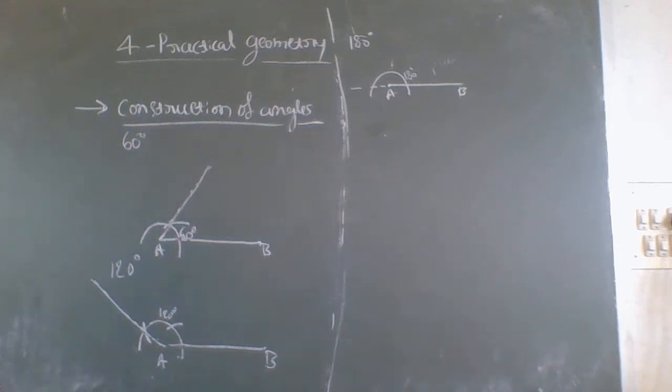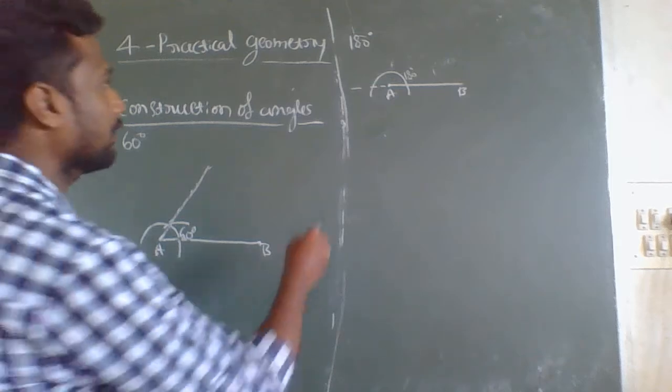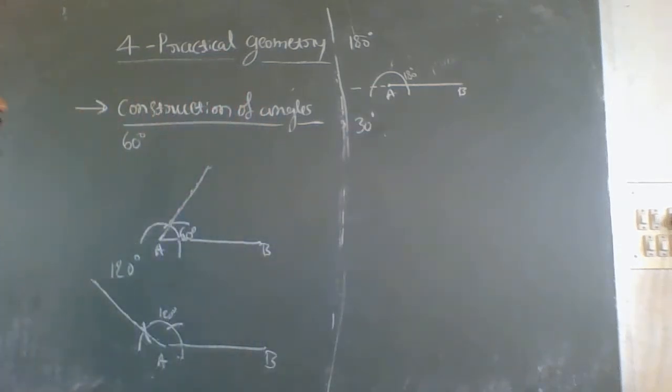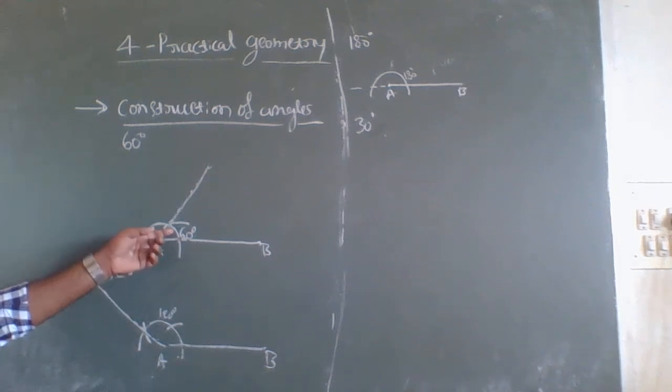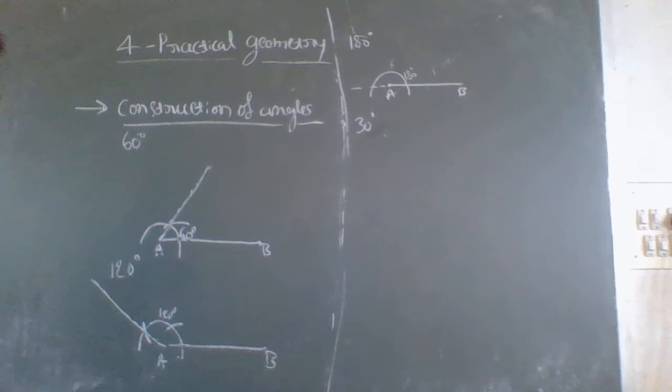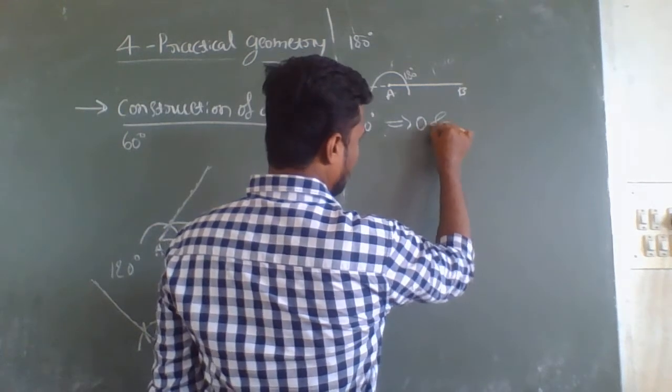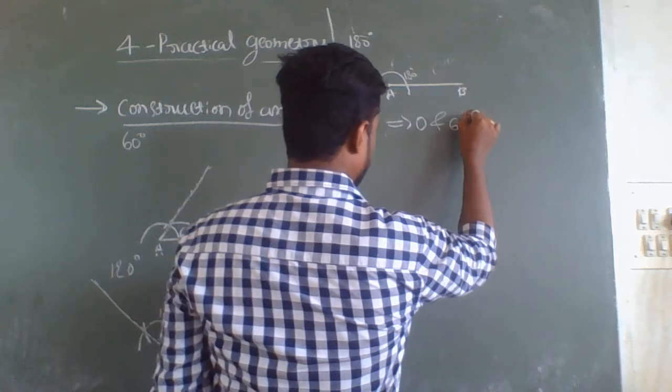Now I will discuss 30 degrees, and this 30 degrees is between 0 degrees and 60 degrees.